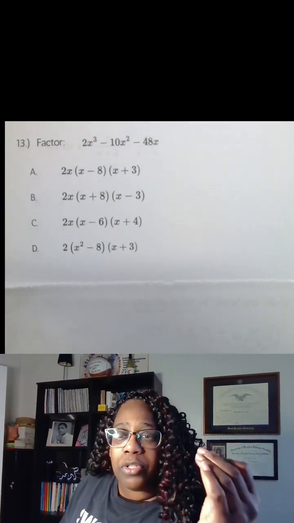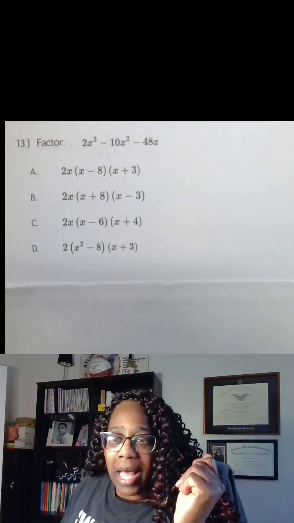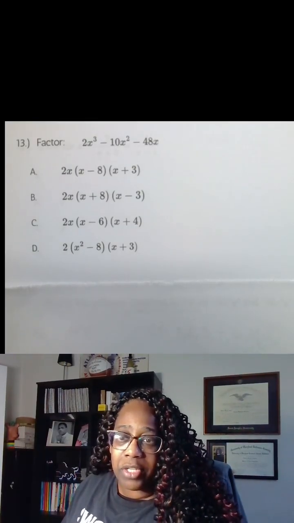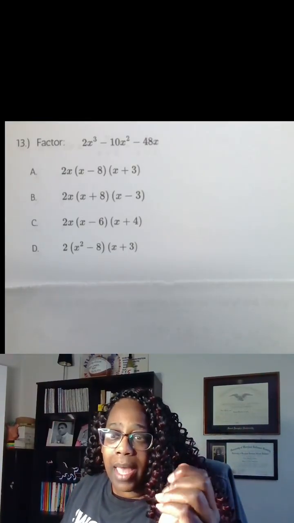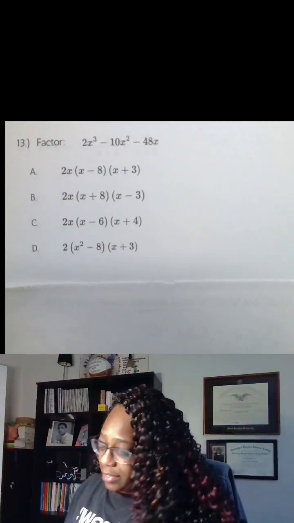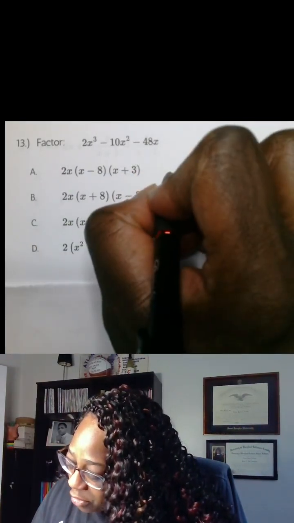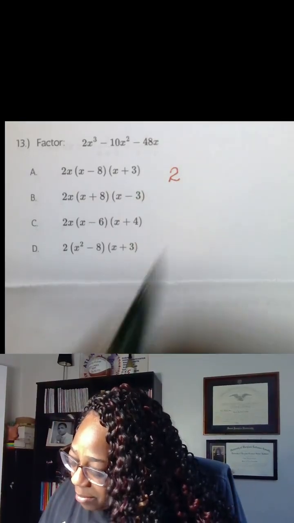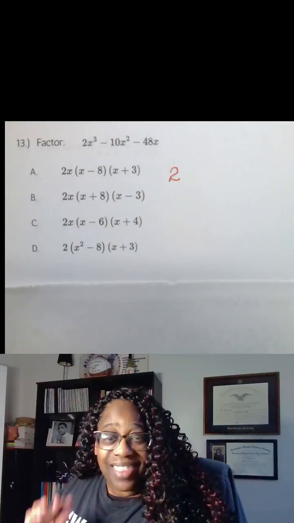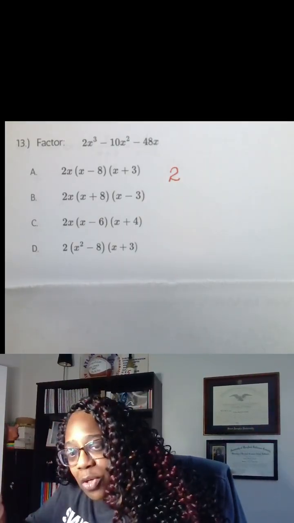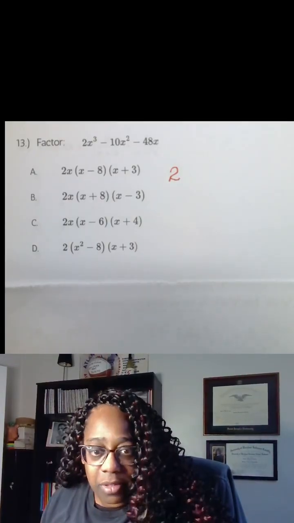So what number do they have in common? We definitely have a positive 2 that needs to come out. That's for the coefficients. Now we have to do it again for the variables.